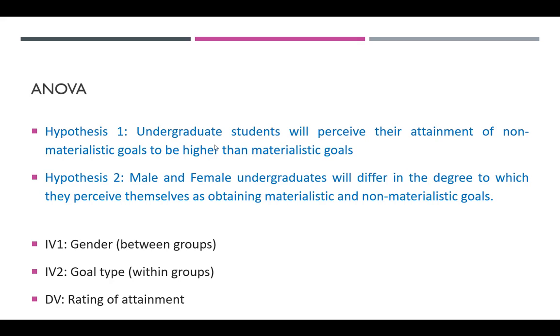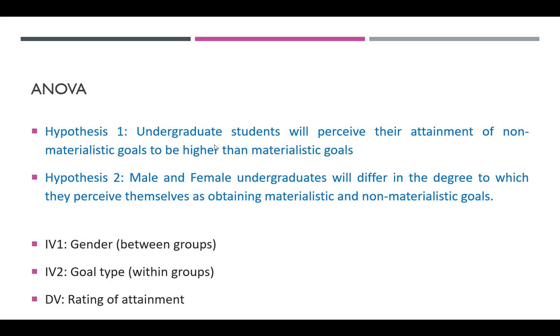And then the second IV was goal type. So it was whether you were asking someone to consider materialistic or non-materialistic goal attainment. The dependent variable is actually the rating of attainment.